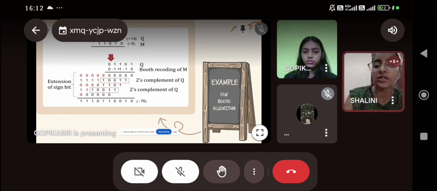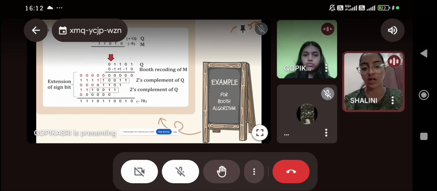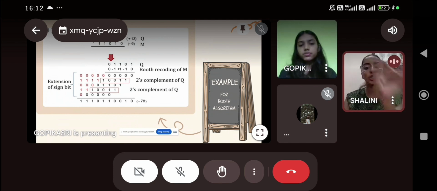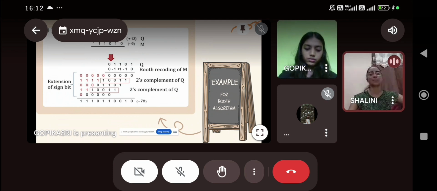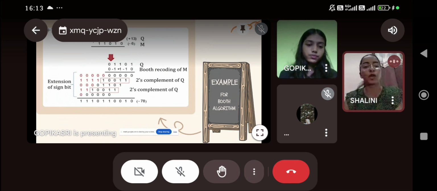Next, minus 1 into q. Minus 1 into q is nothing but we write the result as the 2's complement of q. So 1, 1, 0, 0, 1. Here the most significant bit is 1, so we are extending the remaining bits. The 5 bits are the result, and the remaining 4 bits will be the extension.